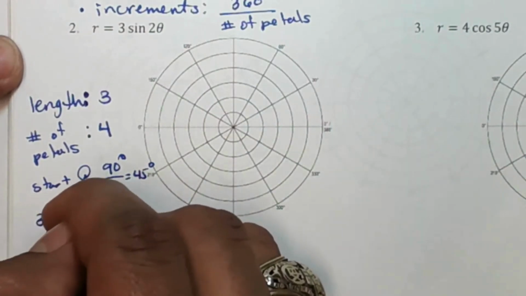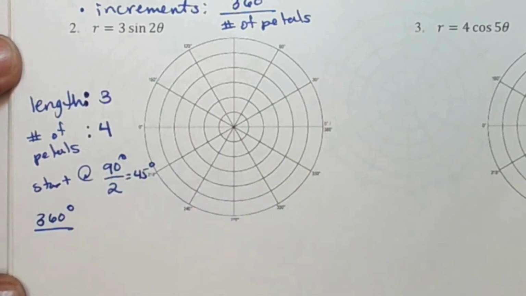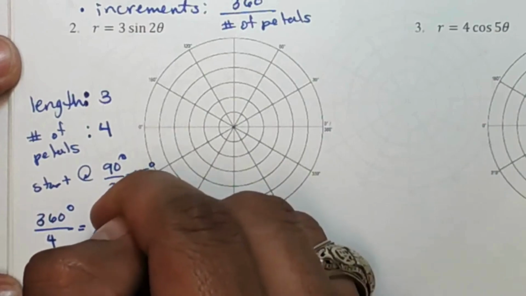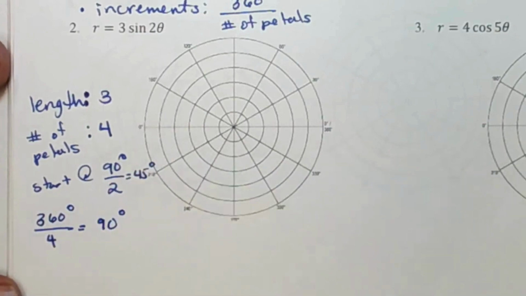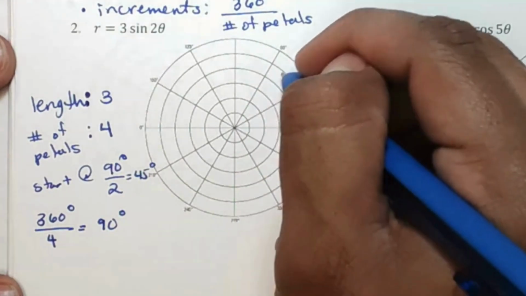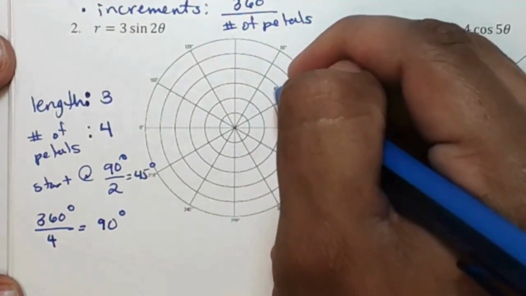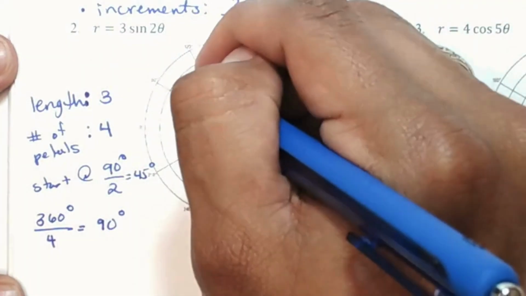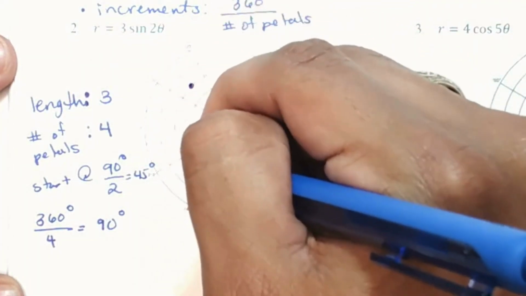So we're going to take 360 and divide it by how many petals we have, which is 4. So that means all of our petals are going to start at 45 degrees and go in increments of 90. 45 degrees is about here, 1, 2, 3, 4 of a radius, and in increments of 90, just go all the way around in that circle.